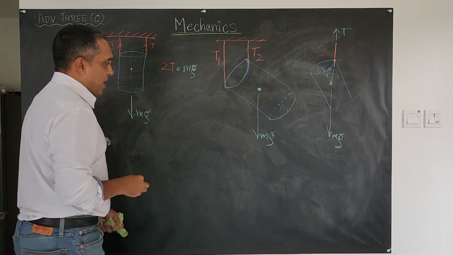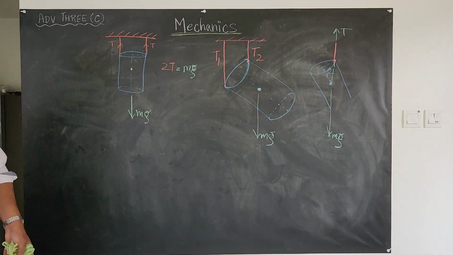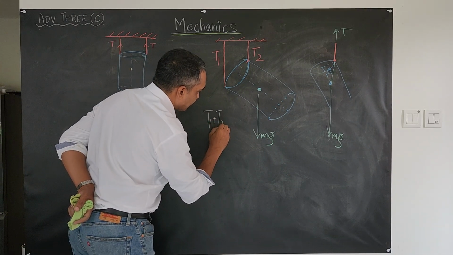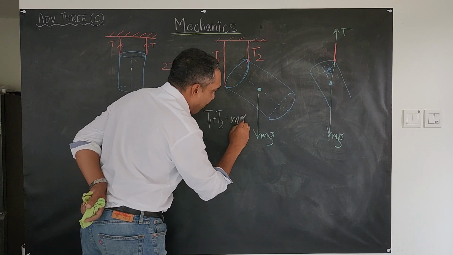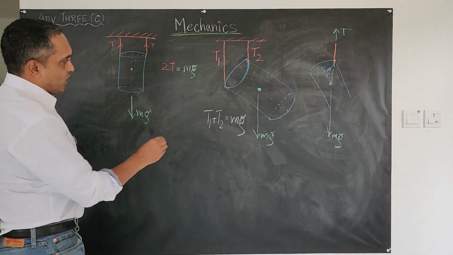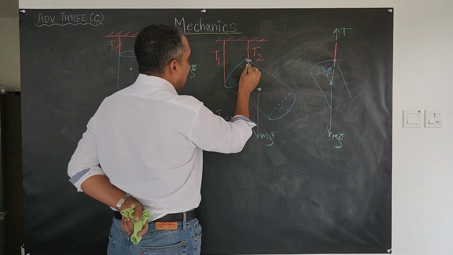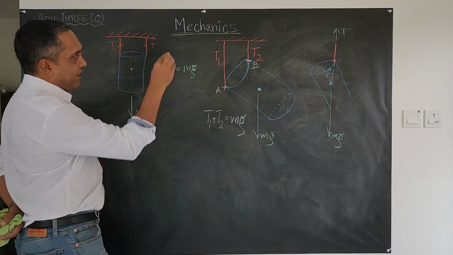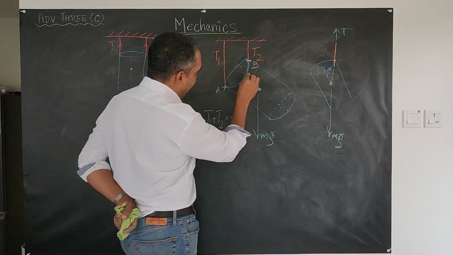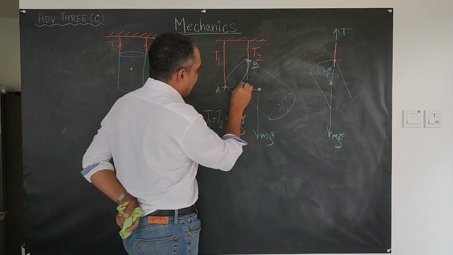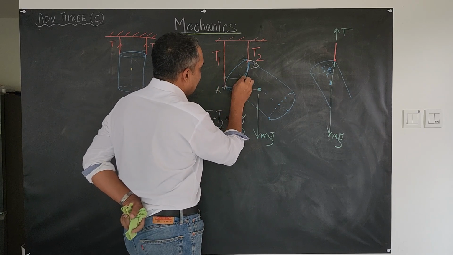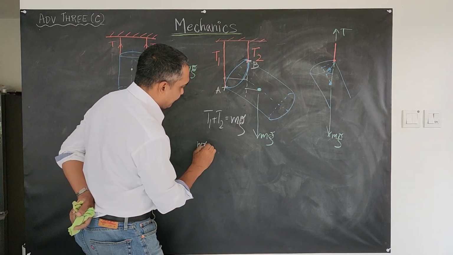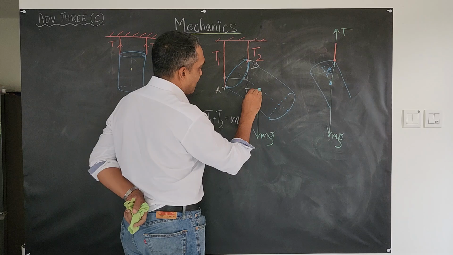You could write this. Two equations get formed here. I'm going to change my colors. Got regular white color. Two equations get formed here. One is T1 plus T2 is equal to mg. That's the resolution of all forces in the vertical direction. And the other is by taking moments about, let's say, points A and B. If I take moments about B, I'd have to ascertain this perpendicular distance and this perpendicular distance, and then do the equation for the moment, which is mg times whatever this function is.